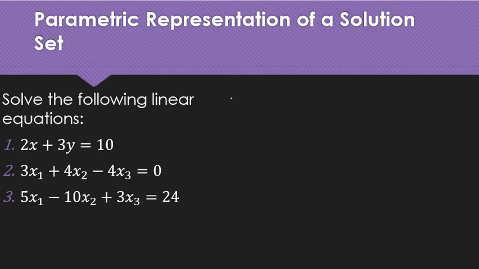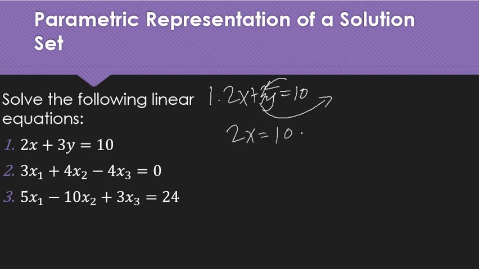For number 1, which is 2x plus 3y equals 10, we're just going to go the usual way, transposing the term that is further on the right to the other side of the equation, which means we would now have 2x is equal to 10 minus 3y.